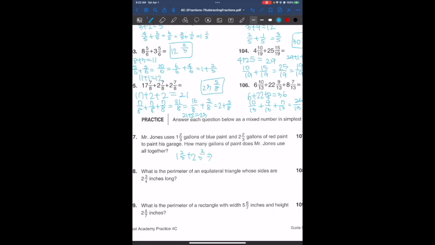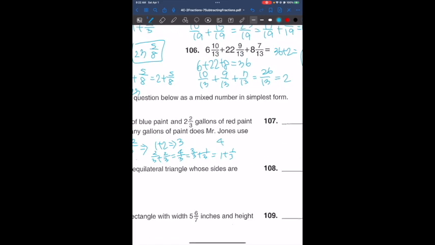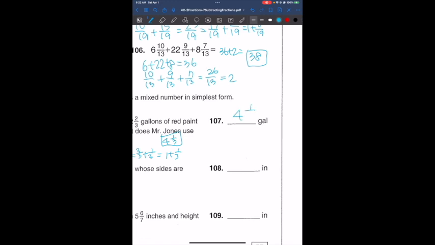So again, add the whole numbers together. That gives us 3. Then we're going to add the fractions together to get 4 over 3. And that is basically 3 over 3 plus 1 over 3, which is 1 plus 1 over 3. So in total, we're going to have 4 and 1 over 3. So it's going to be 4 1/3 gallons.